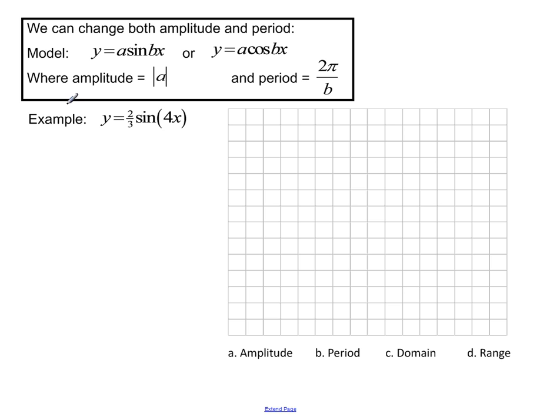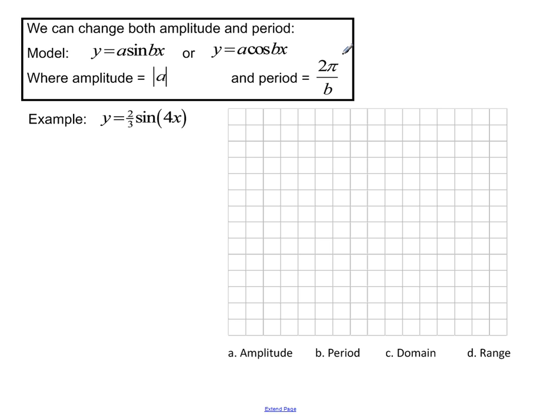All right, so first things first, anytime we have a function of the form y equals a sine of bx or y equals a cosine of bx, we find two things. The amplitude, which is the absolute value of the number in front of our sine or cosine function, and the period, which is found by finding 2 pi over b.